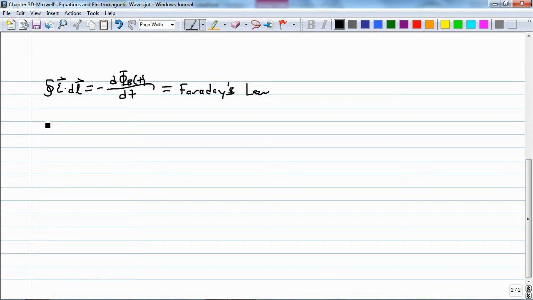And then we have Ampere's law, magnetic field dot differential length is equal to mu naught times I enclosed plus mu naught epsilon naught times the change in the electric field with respect to time.